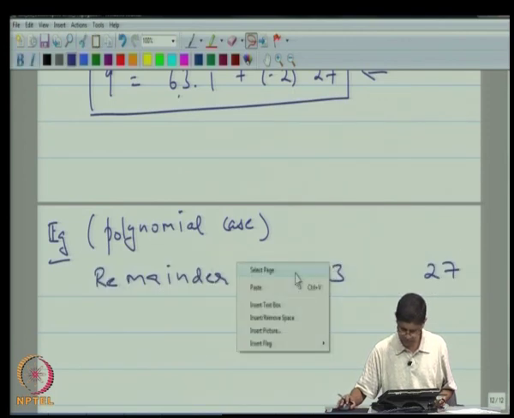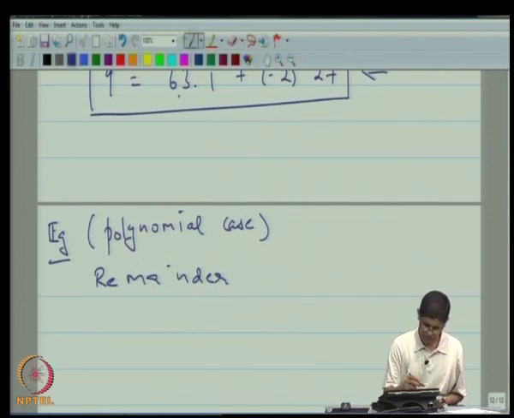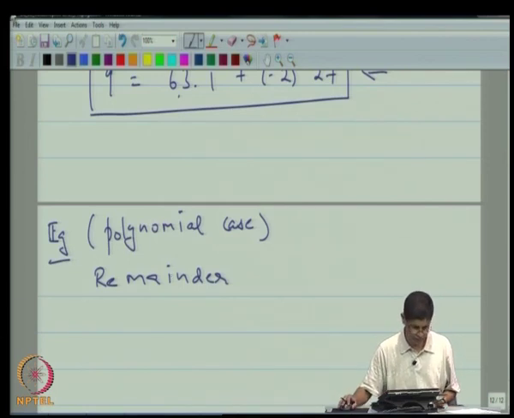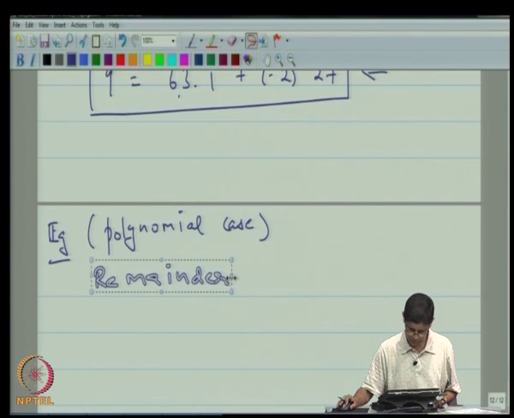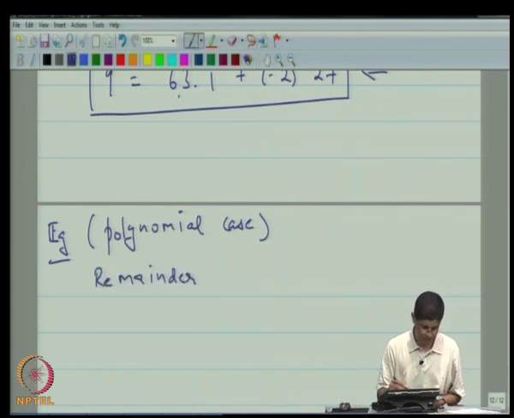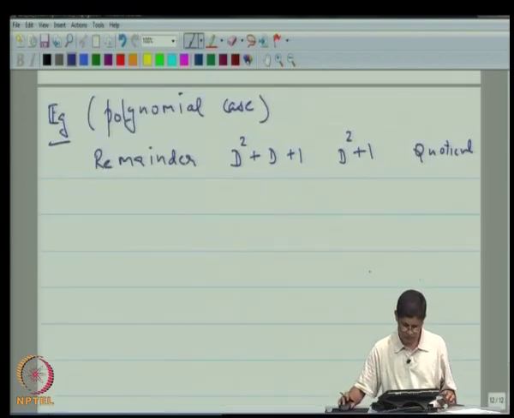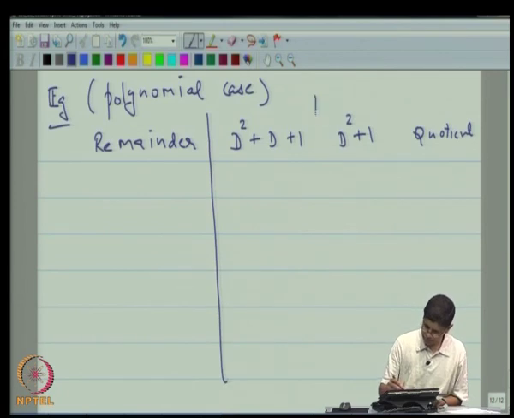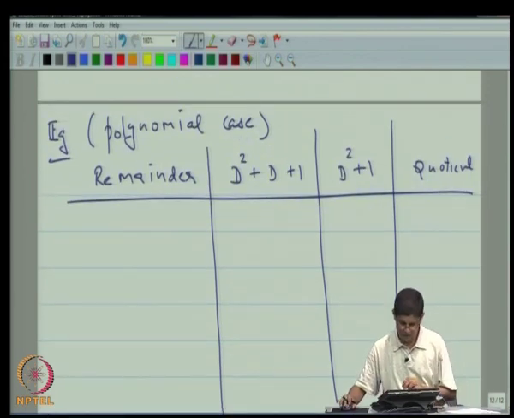So, in this case, apart from the remainder, we will also have two polynomials, d squared plus d plus 1, d squared plus 1, and our quotient. Okay, so why are these polynomials of interest?